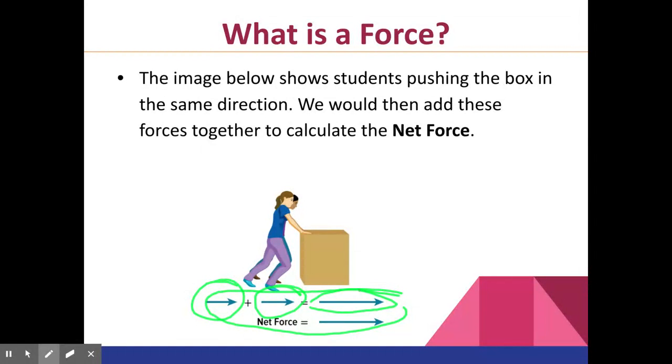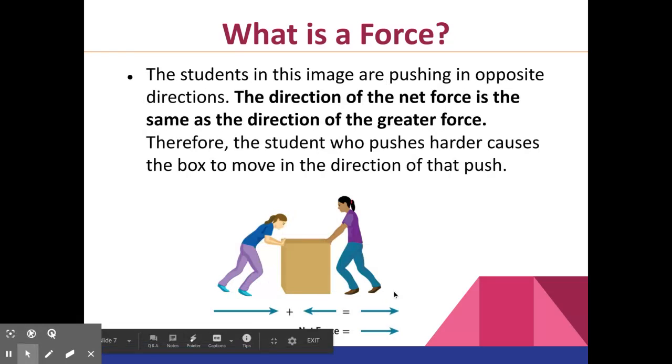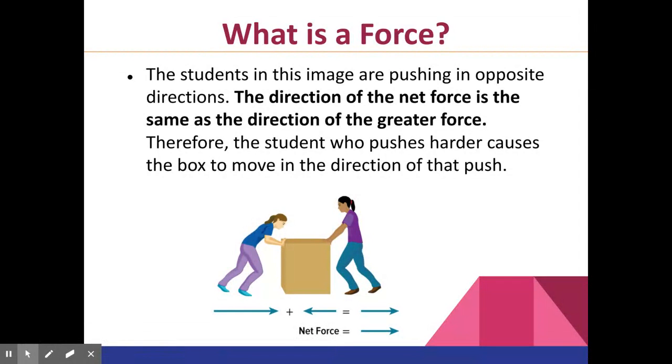You add those two together, and this is the net force, the overall force of this whole system. What's important is that both of these people are moving in the same direction. But if we had two people pushing with unequal force in opposite directions, we would have to subtract.